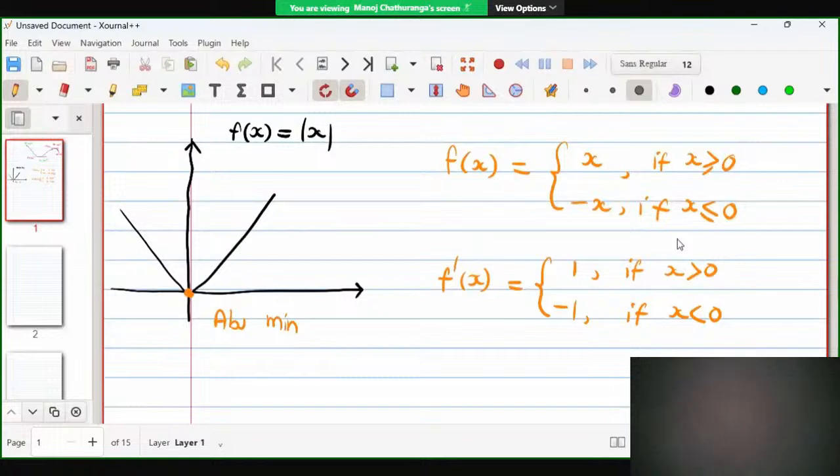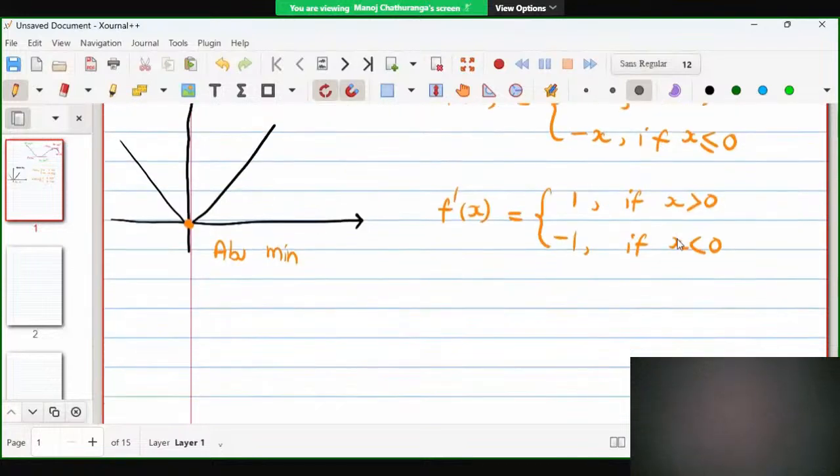As we approach 0 from the negative side, meaning from the left hand side, the derivative seems -1. They don't agree. At x equals 0, the derivative does not exist. But still it is an absolute minimum.